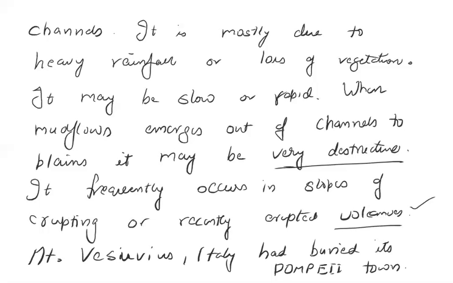Contrary to our understanding, we might think it was due to the lava which flowed out and buried the town. That may be true to a certain extent. But in geography, there will be multiple reasons for an event to happen. Volcanic lava may be one of the reasons, but the main reason was the mud flows. When this volcano erupted, there was too much ash. The Pompeii town, lying towards the foothills of Mount Vesuvius, had removed the vegetation for its agricultural purpose.